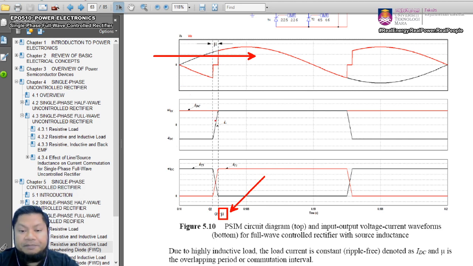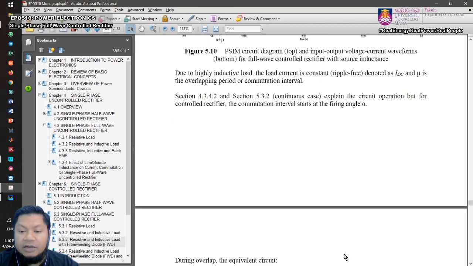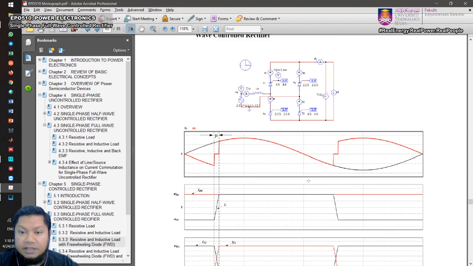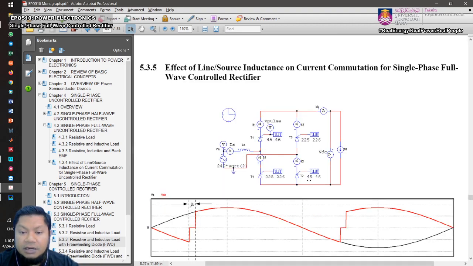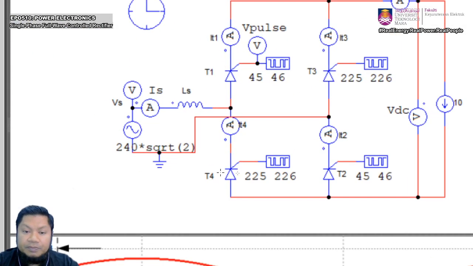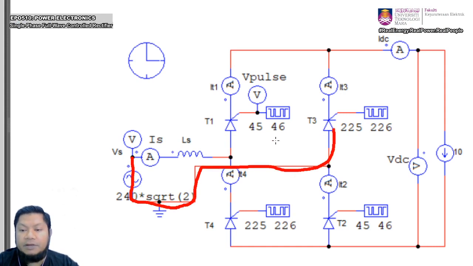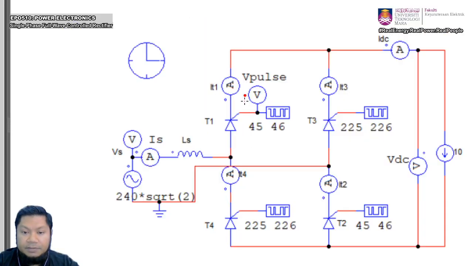Right, so let's start with the equivalent circuit during overlap. During overlap, we're going to consider this loop, we just focus on this particular loop. We're going to see that this is a short circuit.